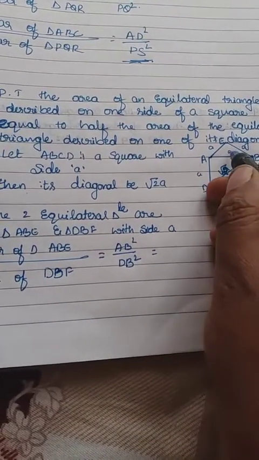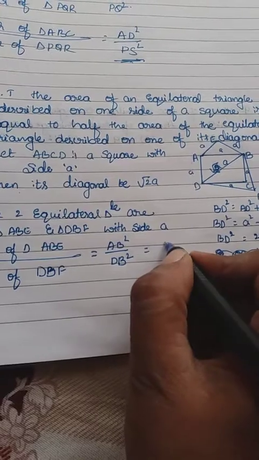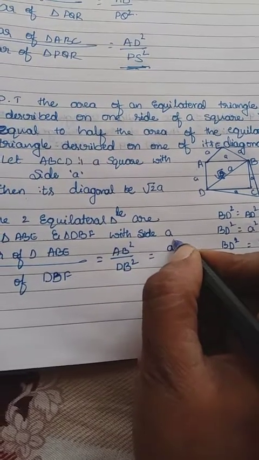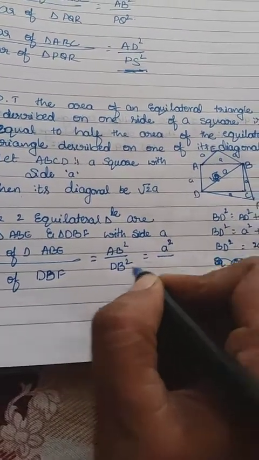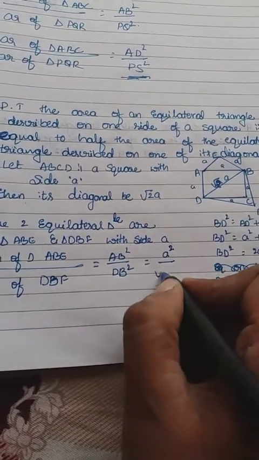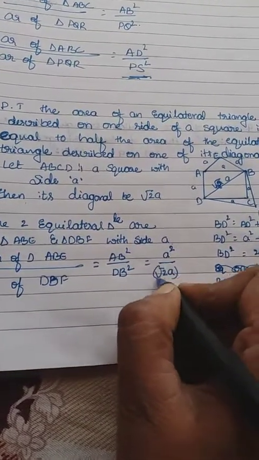AB is A, so that is A square, and DB is root 2 A whole square.